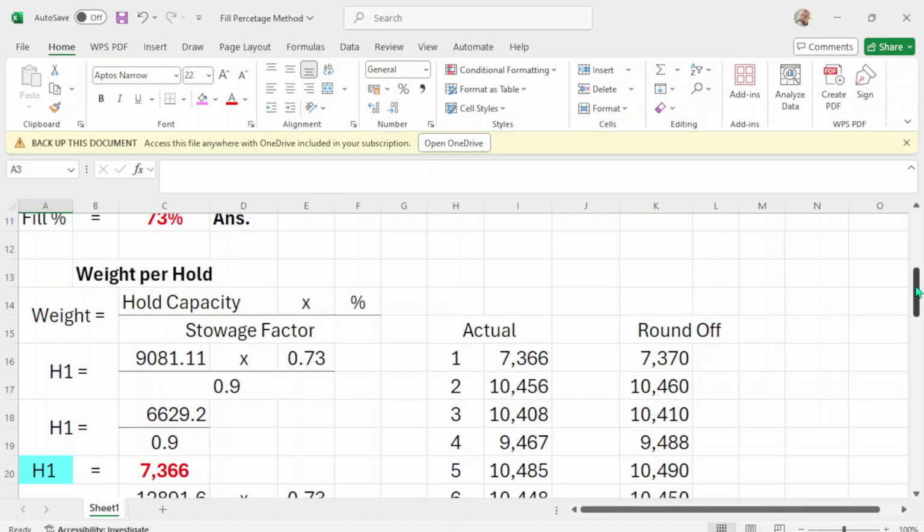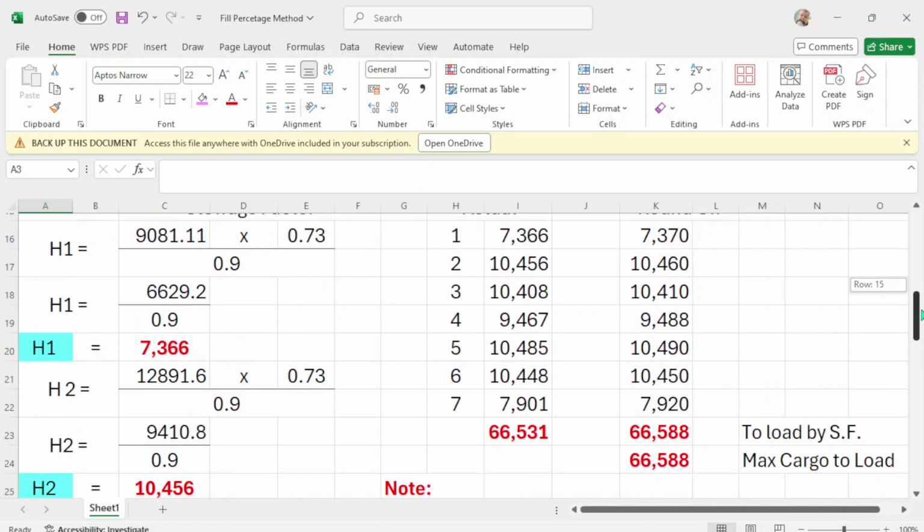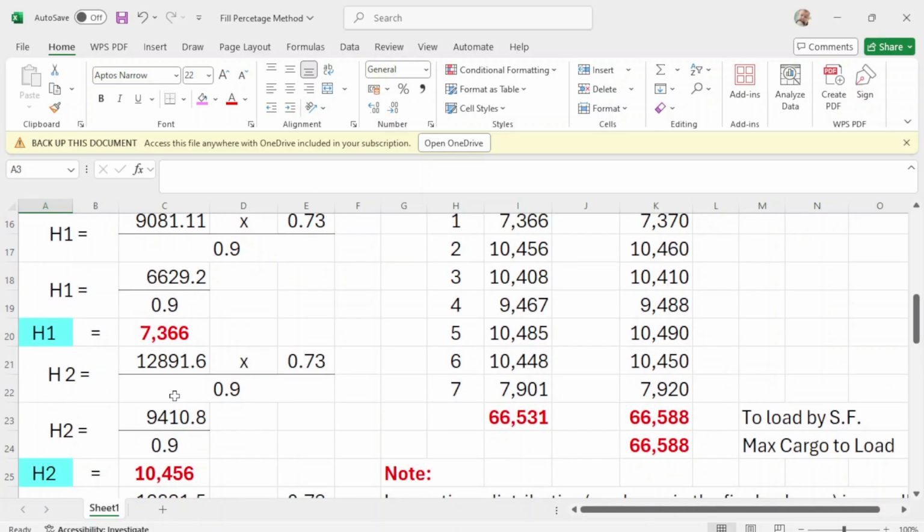Okay, and number 2, the hold capacity is 12,891.16 times your percentage of 0.73 over your storage factor of 0.9, and the value would be 10,456, which is number 2.